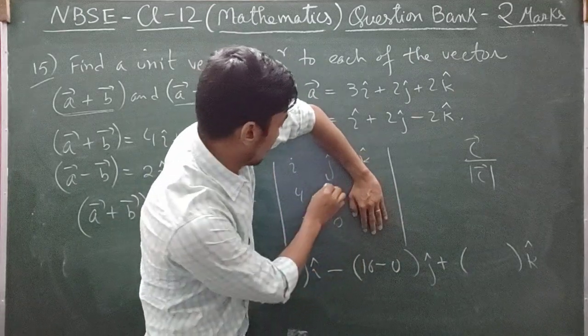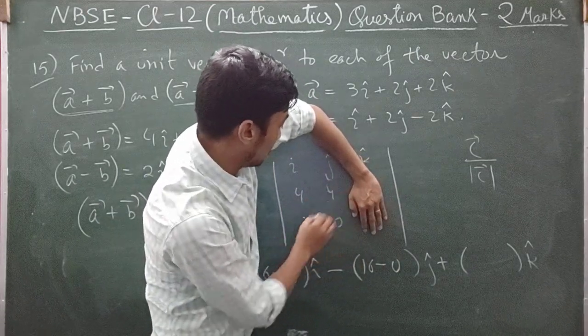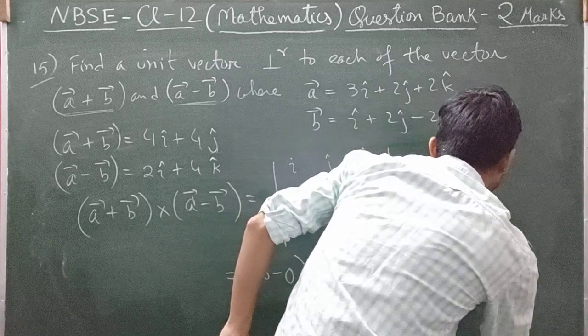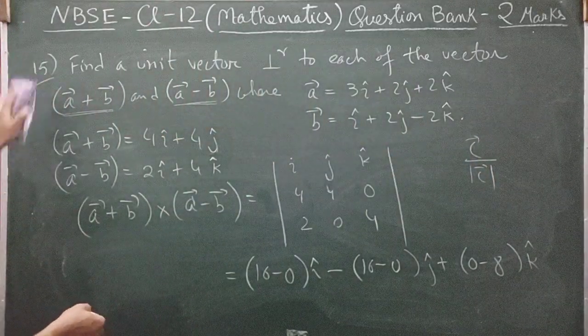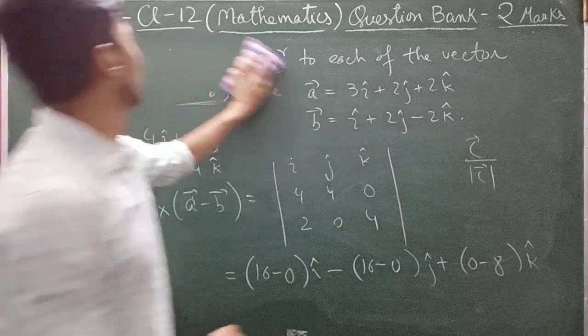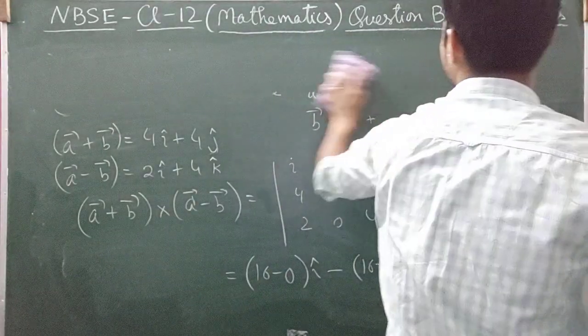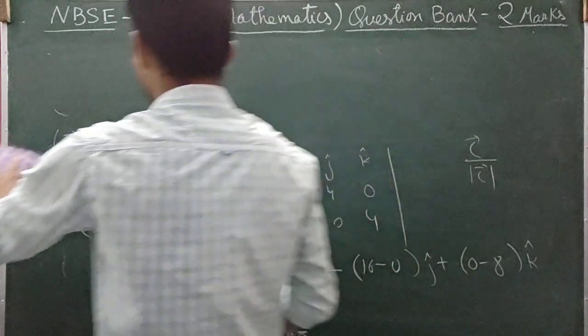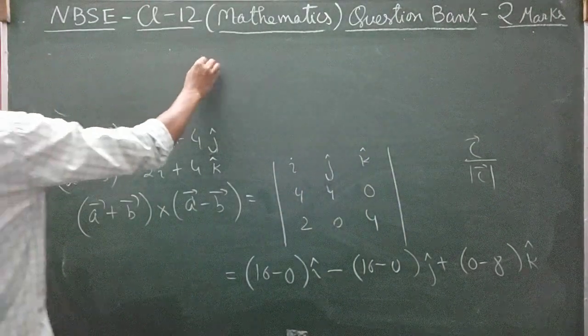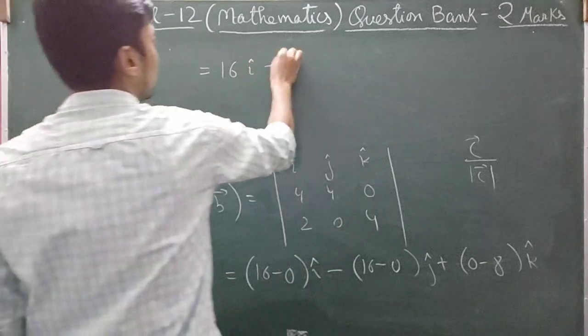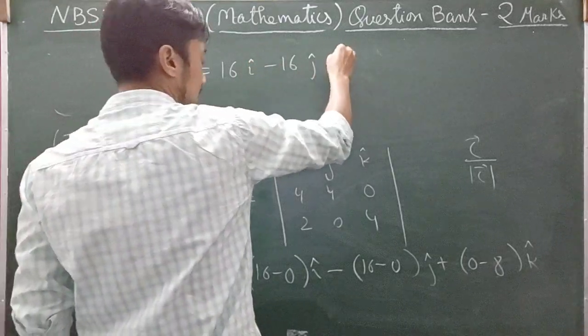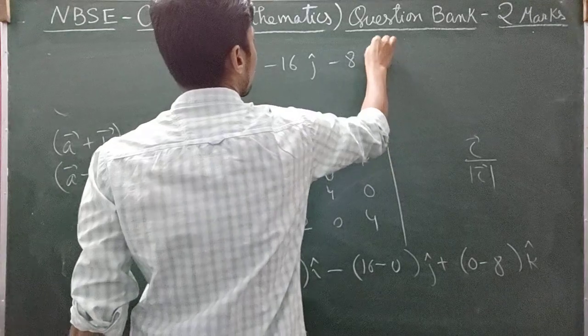Here again, sorry, 4 zeros are 0, minus 4 2s are 8, 0 minus 8. So then that gives us the vector 16i minus 16j minus 8k.